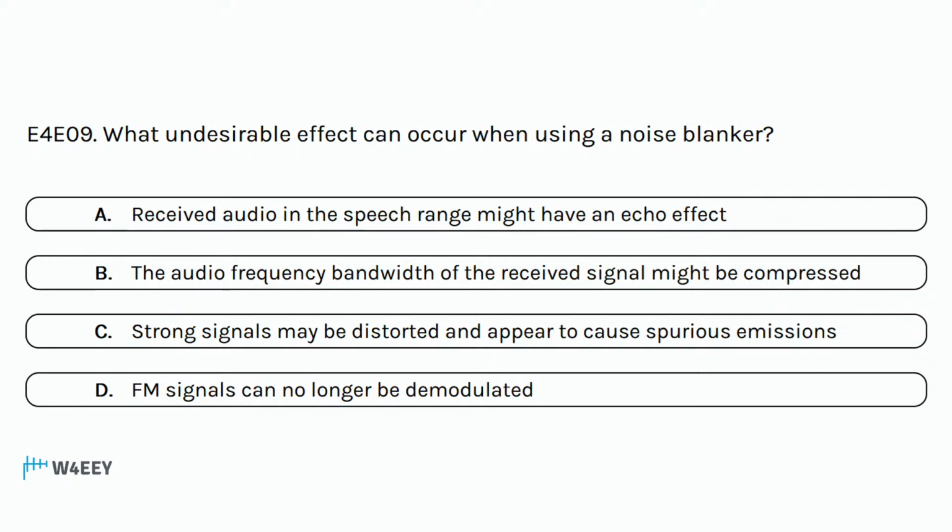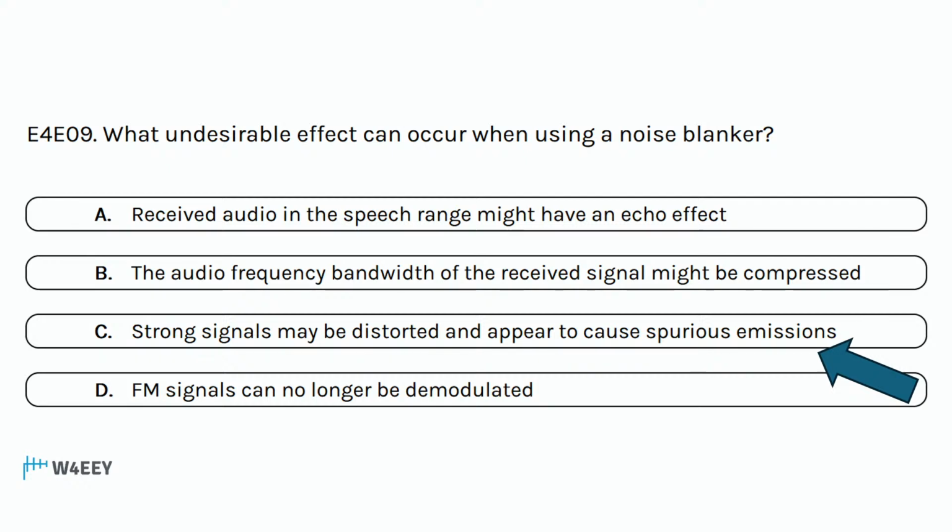So what undesirable effect can occur when using a noise blanker, and why we don't leave it on all the time? Charlie. It can make FT8 signals look extra wide. Strong signals may be distorted and appear to be causing spurious emissions.